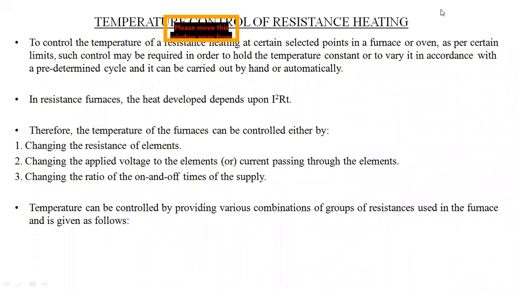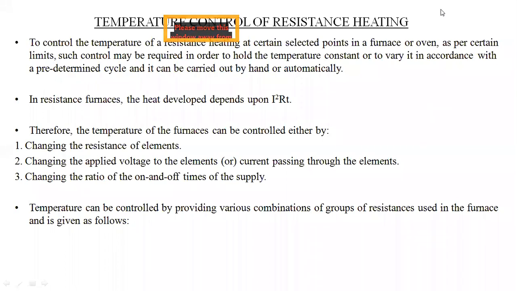First one is changing the resistance of the elements. Here the elements are nothing but your heating elements. Whatever heating elements you are using for your heating purpose, you are going to change the resistance of those heating elements. The second one is changing the applied voltage to those heating elements, or the current passing through them. For this, I discussed in the last class the best way to control the applied voltage: you are going to use the tap changing transformer.